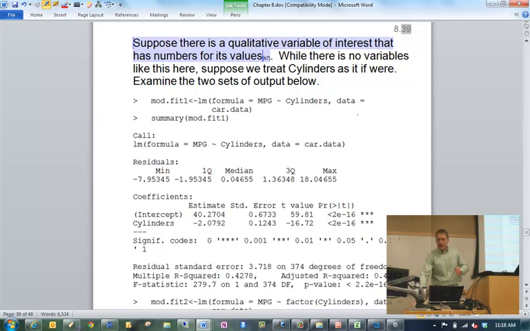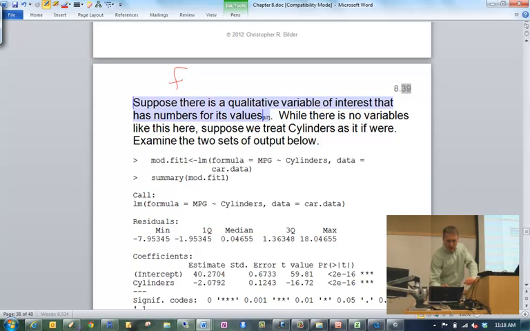What would happen then if you said in your lm function, formula equal mpg tilde class? R would not know that class was actually qualitative, that these numbers actually had a category meaning.